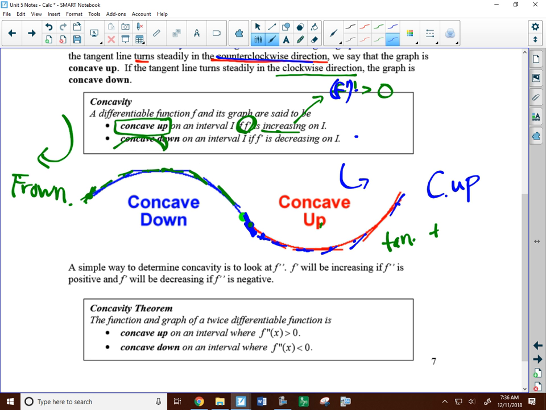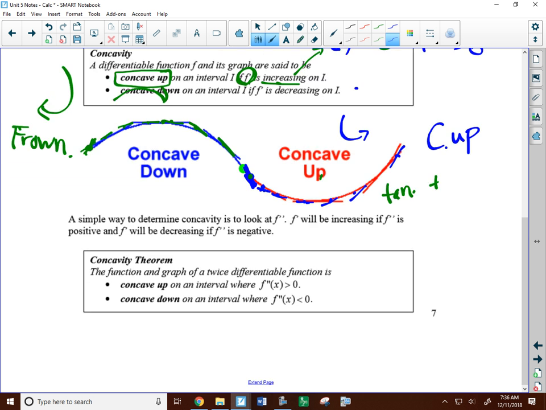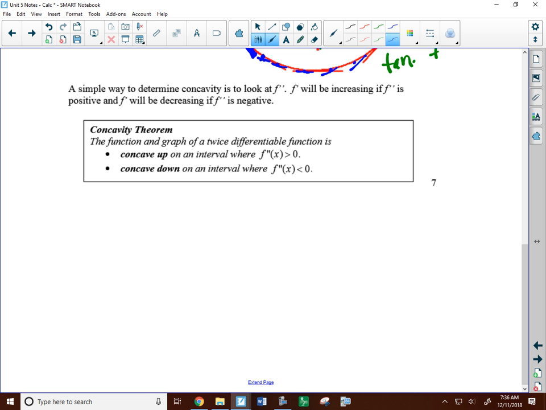I'm plugging in f prime in place of f, because now we're dealing with tangent lines, not the original function. And look what happens here. F prime prime becomes f double prime. That's what the concavity theorem says down here. To find where a function is concave up, it's where the second derivative is greater than 0.